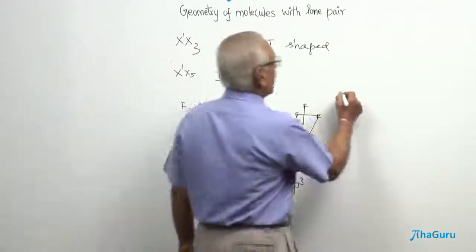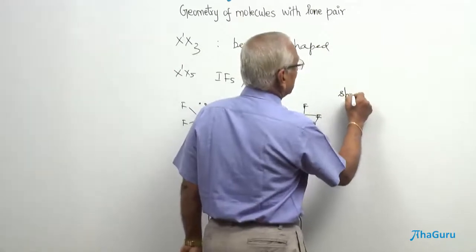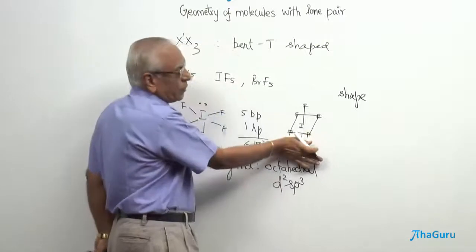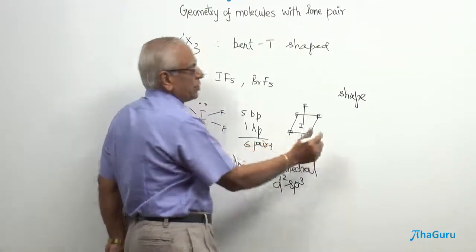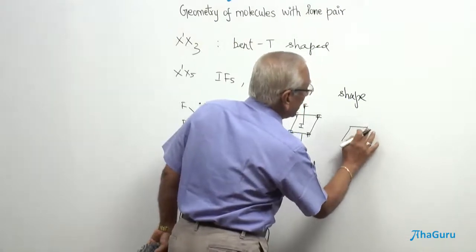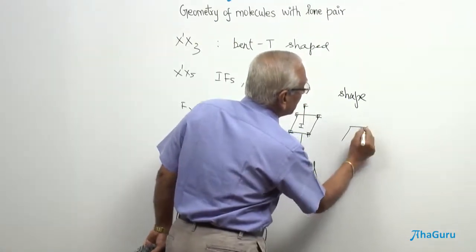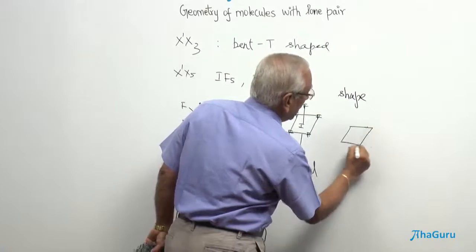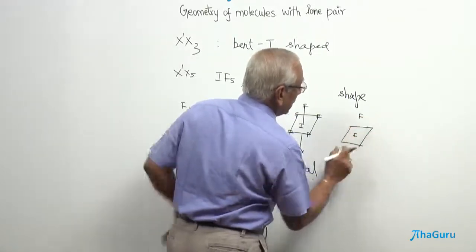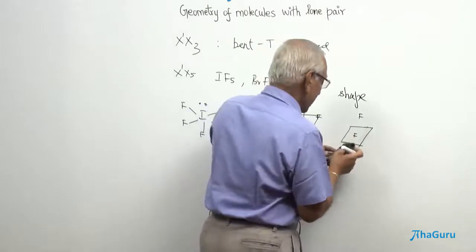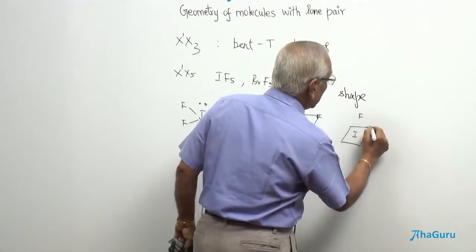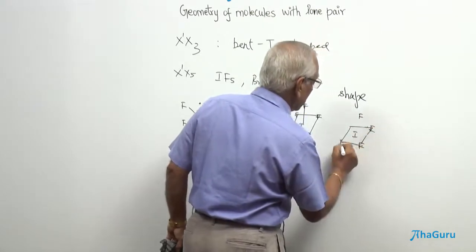And as far as the shape is concerned, I do not include the lone pair here. So, what is the shape you are going to visualize now? You tell me. The shape you visualize has iodine in the center of the octahedron, and the other corners are fluorine.